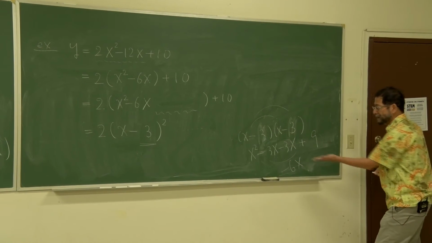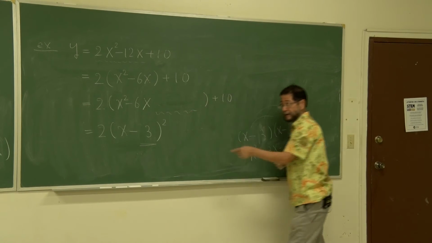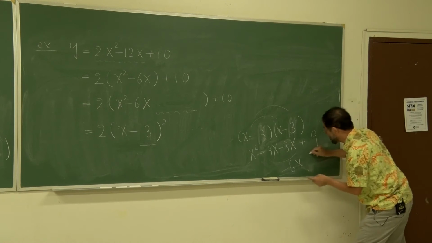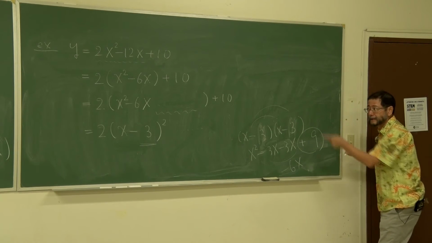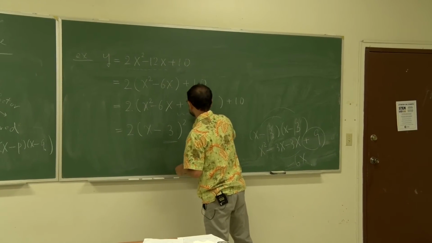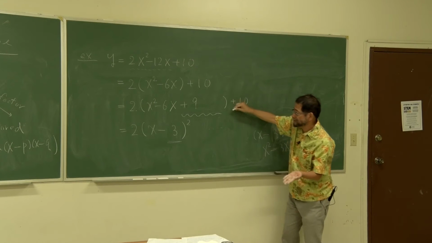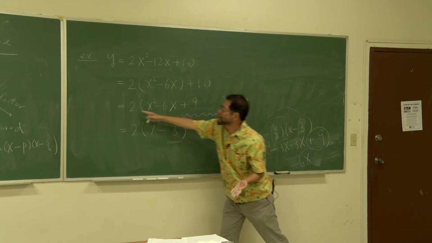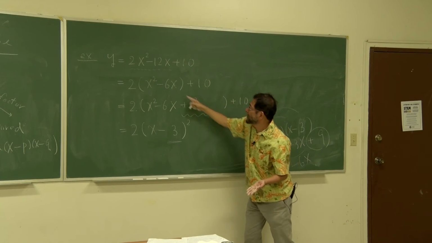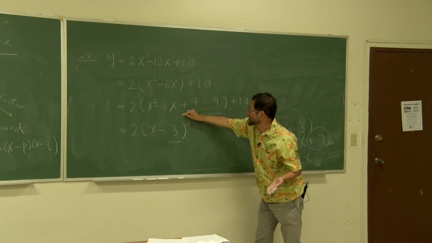So now I know this has to be 3, and this also tells you what's missing here. That's exactly the number: what I need here is plus 9. But of course this is an equality, so I can't get plus 9 for free. If I add 9, I have to cancel it by subtracting 9 here.